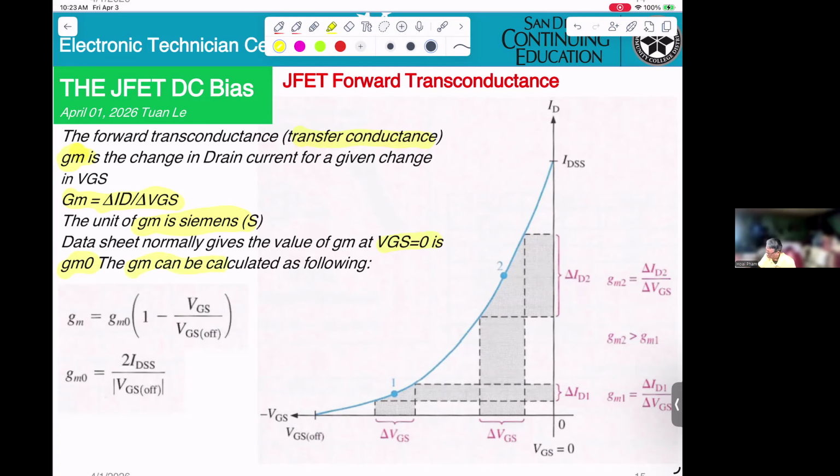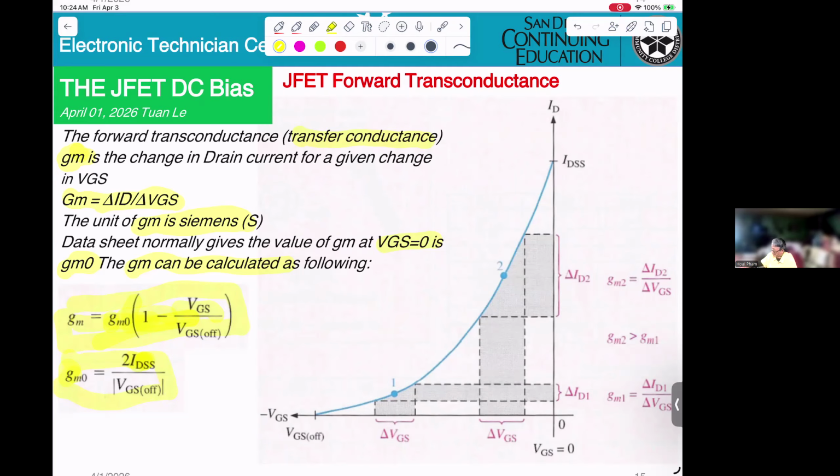The gm can be calculated by the following formula. Transfer conductance gm equals gm0 times 1 minus VGS over VGS off. And you also need to calculate gm0. gm0 equals 2 times IDSS divided by the absolute value of VGS off.